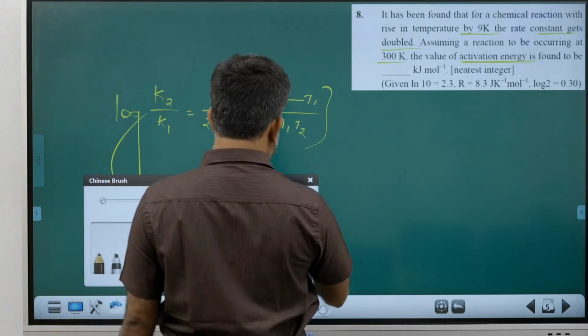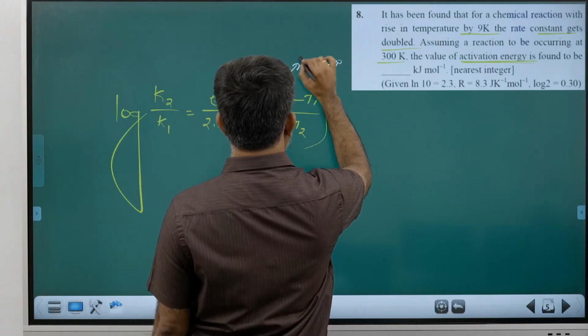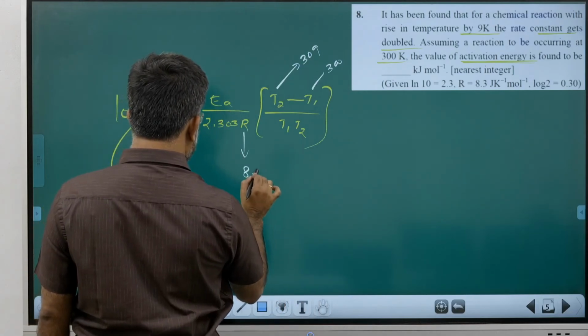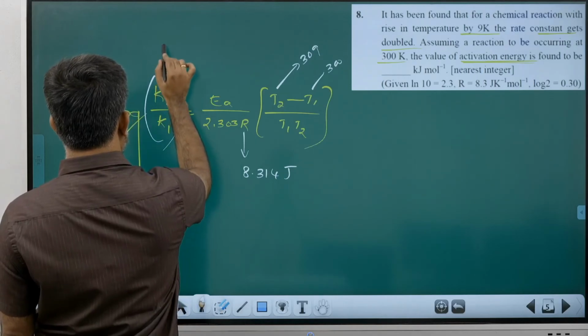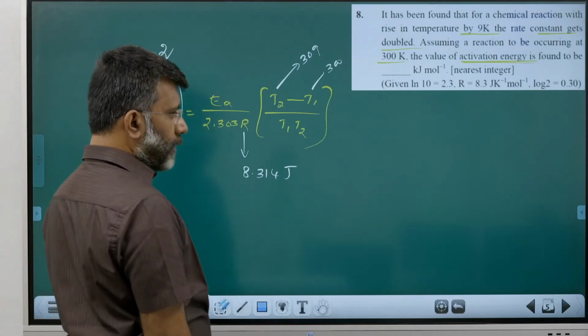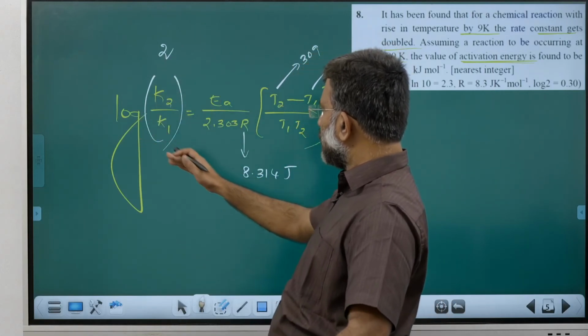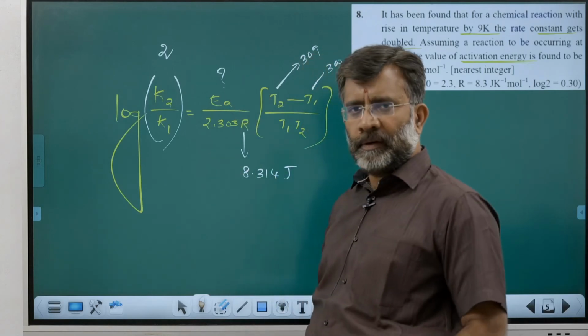So what is T1? T1 is 300. T2 is 309. R value, 8.314 joules. And K2 by K1 given as 2. So it will be log 2.